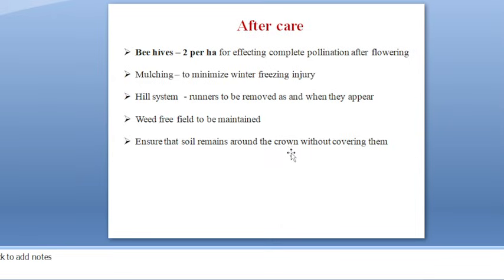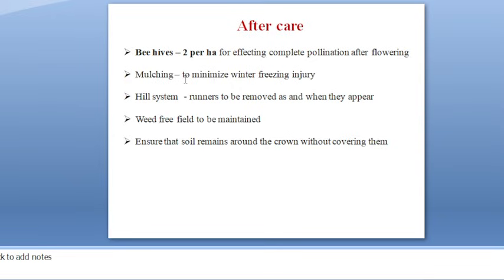Another important thing we have to follow in strawberry cultivation for enhancing the yield is we can keep some beehives, at least two per hectare. This helps in proper pollination, as well as getting more flowers, and it also enhances the fruiting.